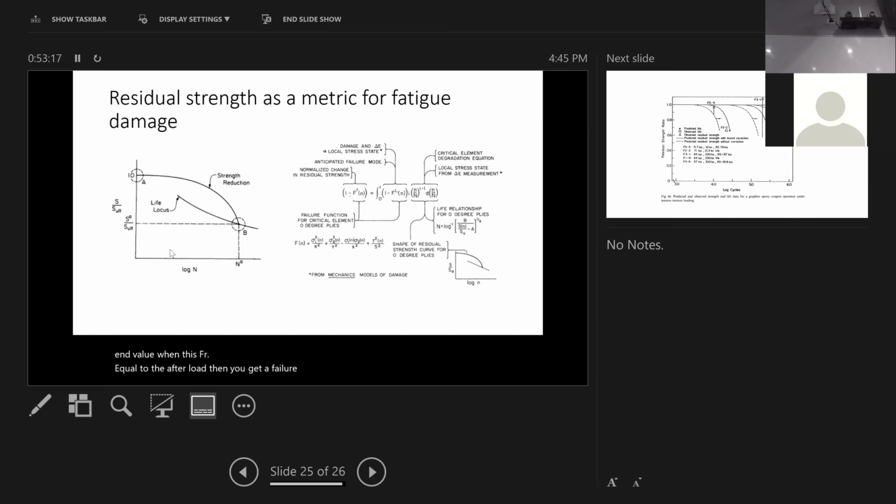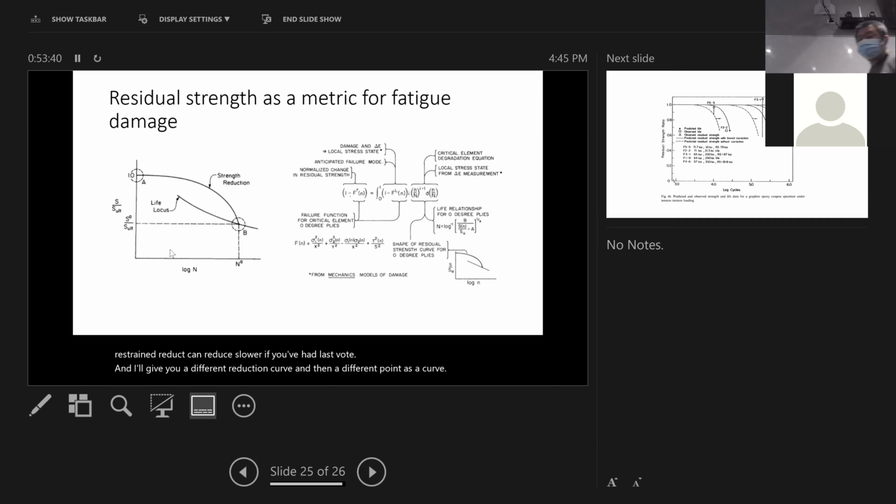And you predict one point in the S-N curve. And you can impose different loads, which result in different residual strength reduction curves. So residual strength can reduce slower if you have less load, and that gives you a different reduction curve and then a different point in the S-N curve.